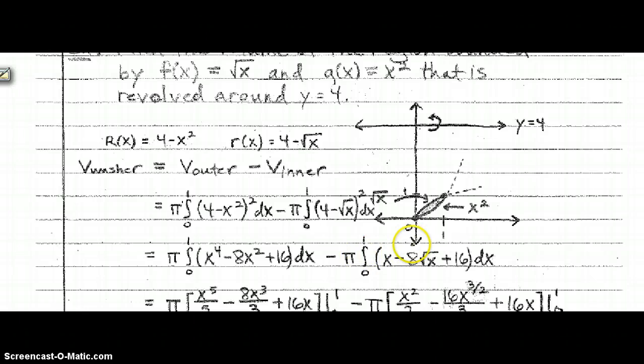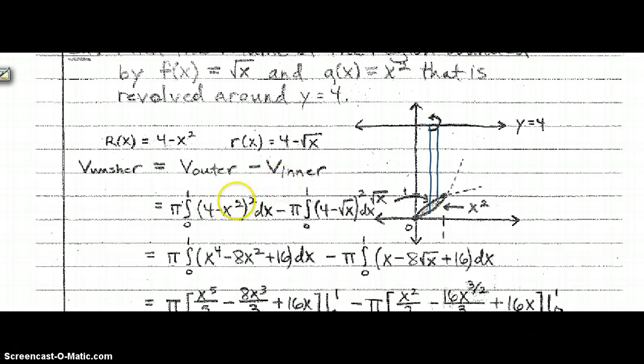Well, if we take a look here, this is farther away from the axis we're revolving around, in this case y equals 4, than this. So our outer function is actually x squared, even though it's below. Our inner function is the square root of x because it's closer to the axis we're revolving around.